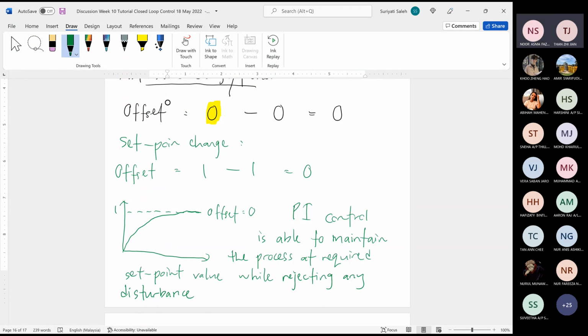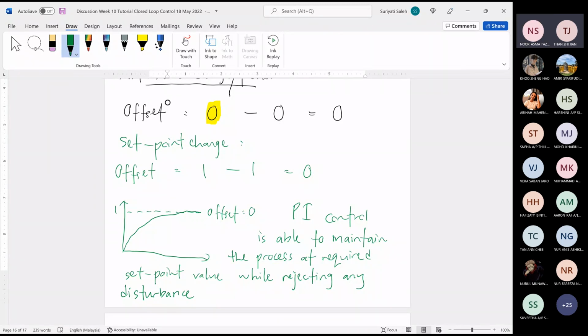That's why in this case, your offset for set point change equal to 0. This means the controller is able to maintain the process at the required set point. And for the disturbance change, the offset is also 0. This means any kind of disturbance can be eliminated by the PI controller.